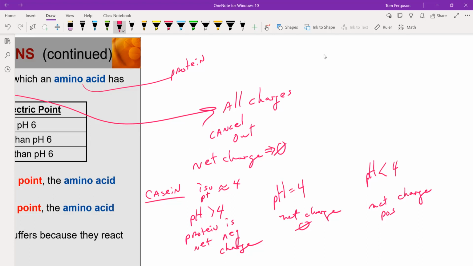Most of the time it's neutral, unless it's been sitting out too long. Okay, so if you take your milk out of the refrigerator and it hasn't been sitting around for hours or days, do you see any clumping in your milk?